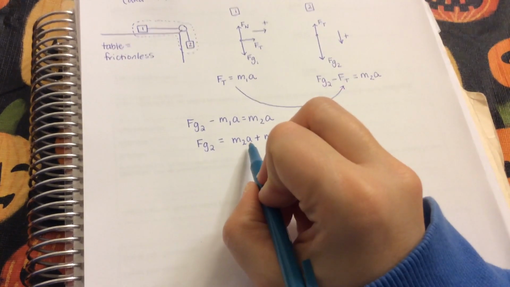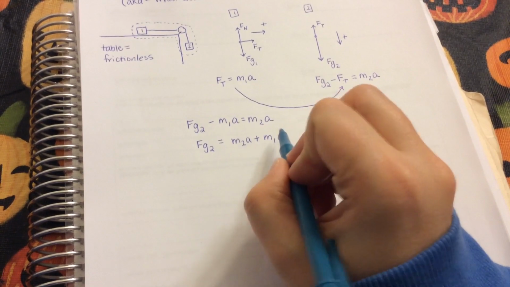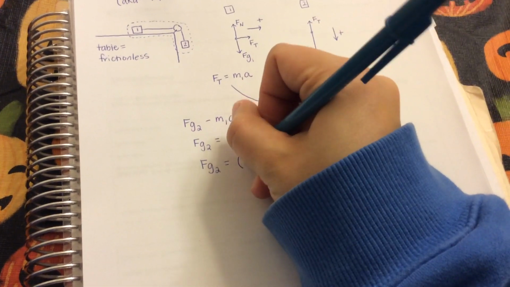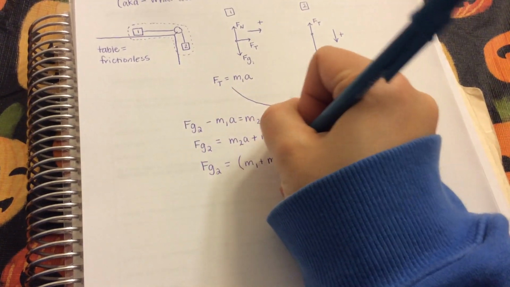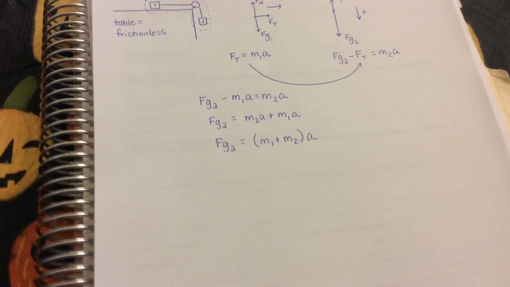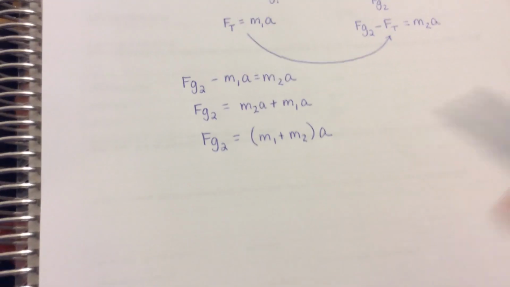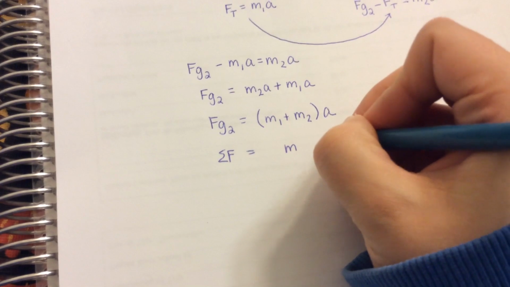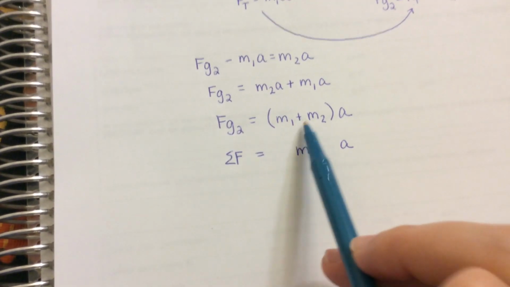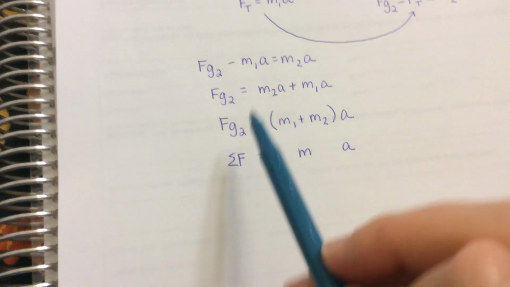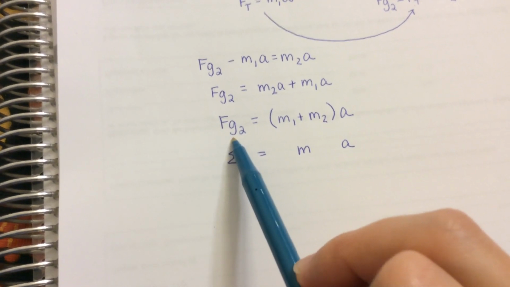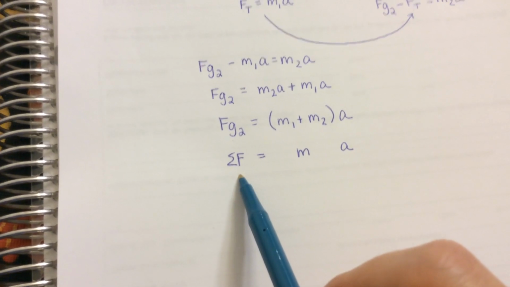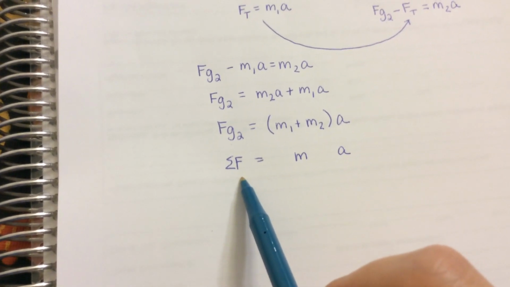Since these two accelerations are the same, I can pull out the like term and get that FG2 equals the sum of M1 plus M2 times A. Now if we look at this new equation, this is our net force equals MA, where M1 plus M2 is the system mass, and this force gravity 2, which is the force of gravity on the hanging mass, is the net force that's being exerted on the system.